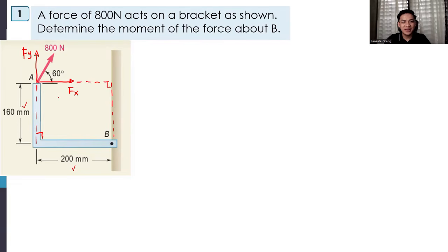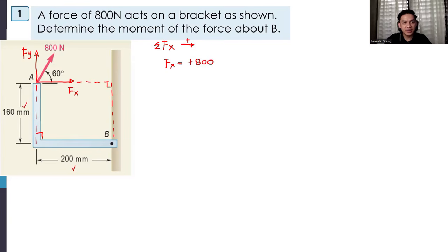So kukunin muna natin, class, yung ating component sa ating x-axis which is Fx. And also, we will find the value of our component in our y-axis, which is our Fy. We have summation of forces in our x-axis, where all right side forces is positive. In this case, isa lang po yung ating force, so that is Fx is equivalent to, take note, yung ating 800 Newton is going to the right, so that is positive 800.